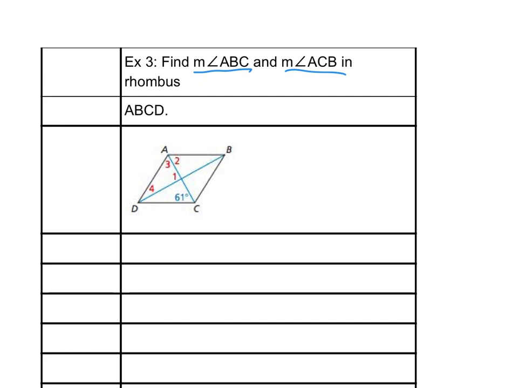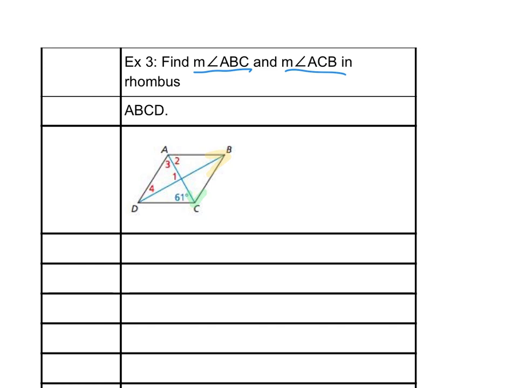So I'm going to go ahead and highlight both of those angles so you can see what we're talking about. ABC would be this entire angle right here, highlighted in yellow, and then ACB would be this angle right here in green. Okay, so we're actually going to start with ACB, and you'll see why in a second.